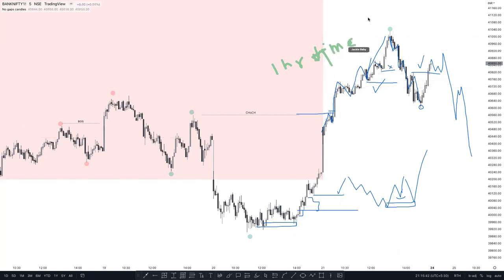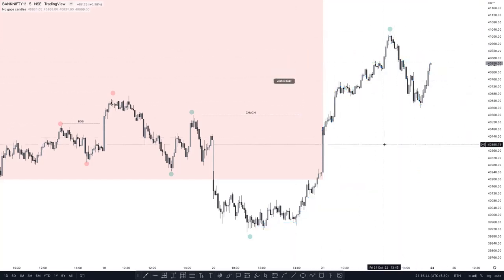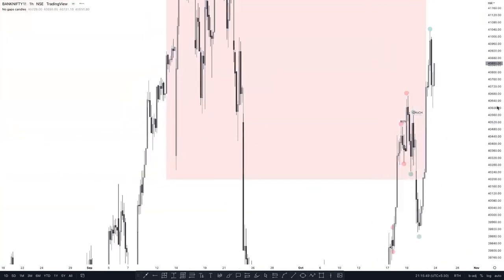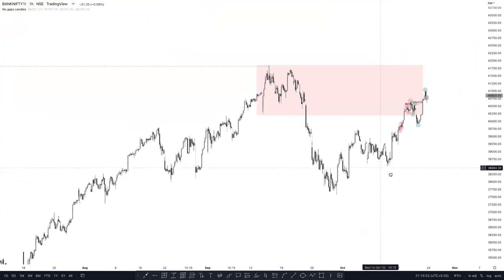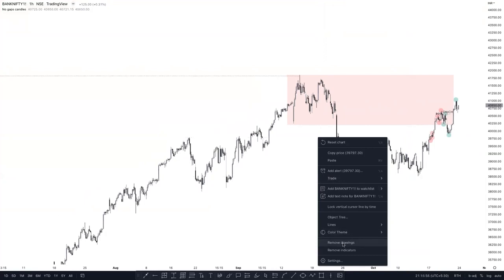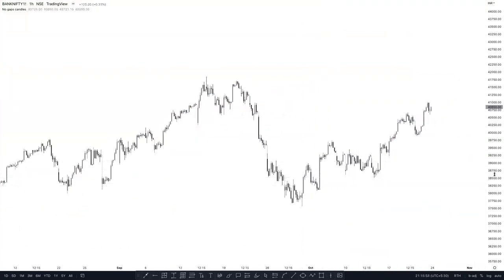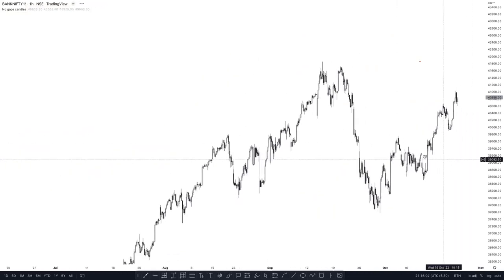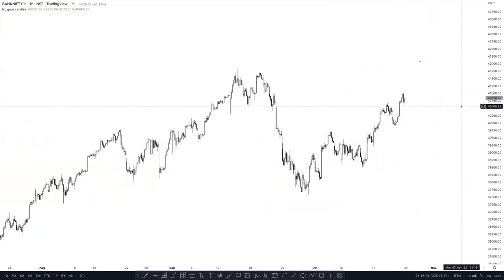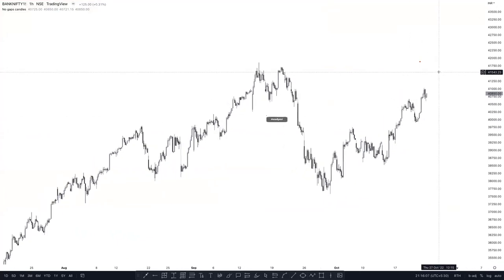Okay, 1 hour time frame. Let's see. So this one is our 1 hour time frame structure in Bank Nifty futures. Everyone mark the exact structure here. What are you looking for here? Everyone mark the major high or low.